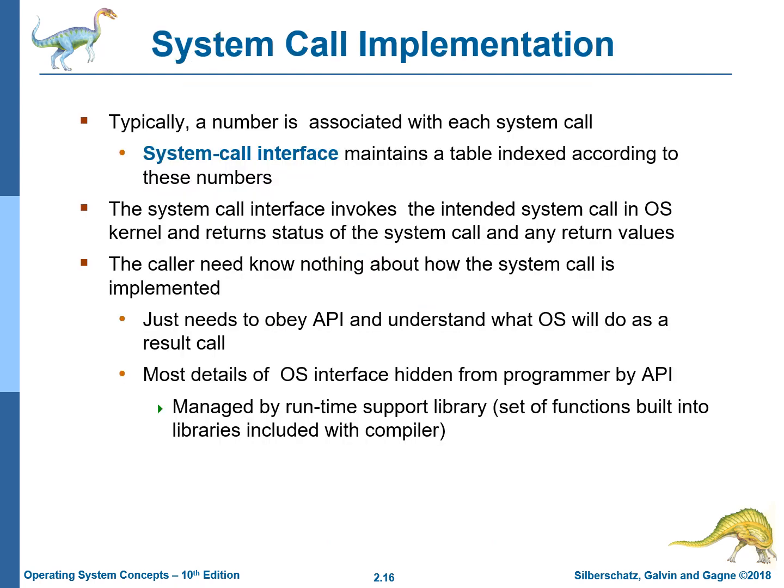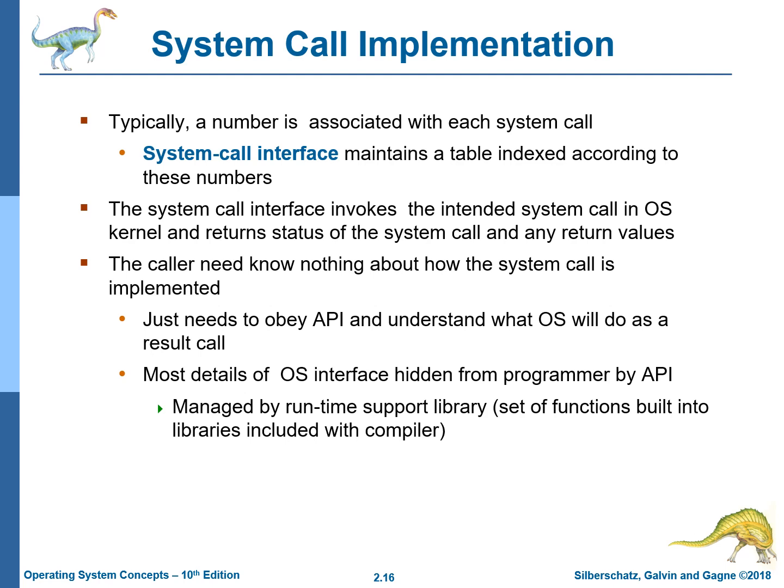System call implementation. Typically, a number is associated with each system call. The system call interface maintains a table indexed according to these numbers. The system call interface invokes the intended system call in the operating system kernel and returns the status of the system call and any return values. The caller needs to know nothing about how the system call is implemented.